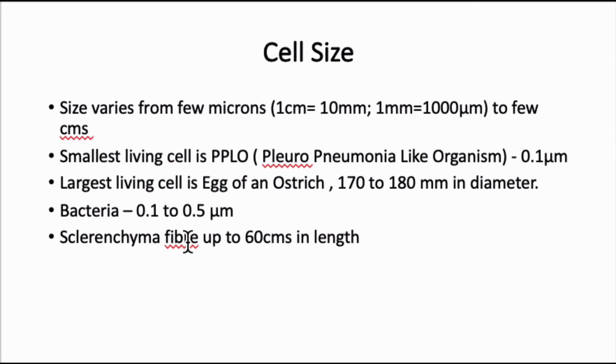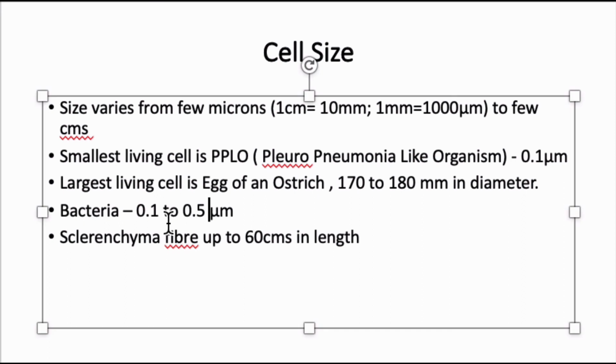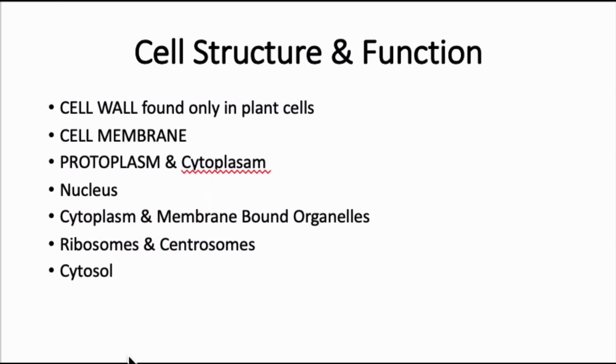Bacteria, we find them on the order of 0.5 to 2.5 micrometers. Sclerenchyma fibers could be up to 60 centimeters in length. So as I said before, structure and function are always together. The structure of a cell is going to define its function.